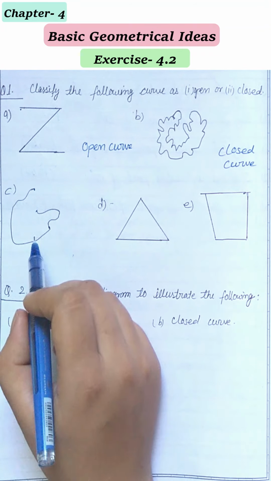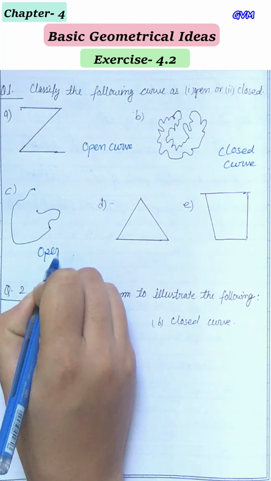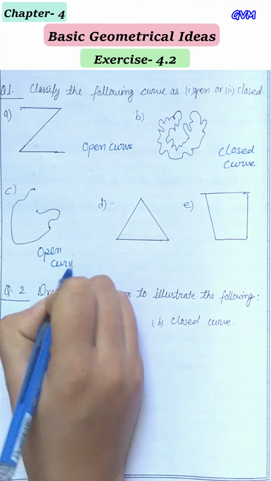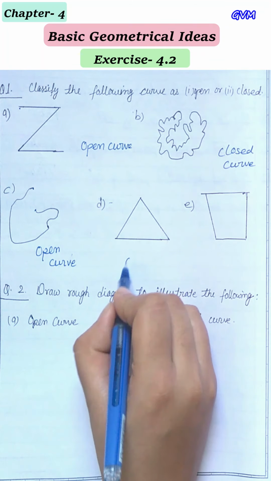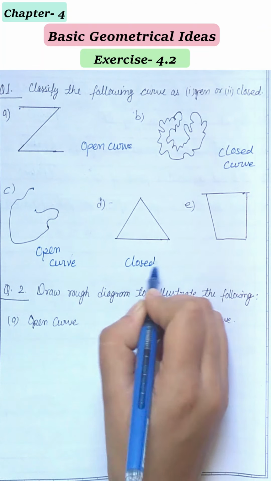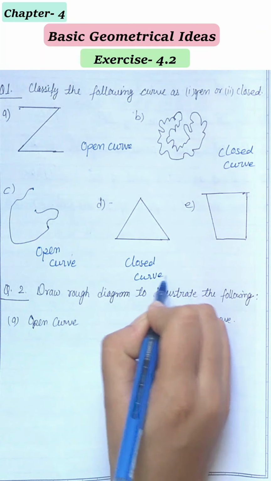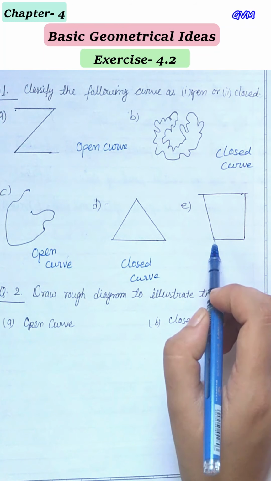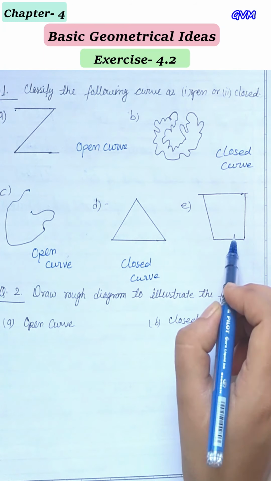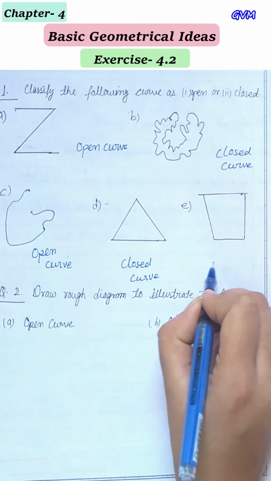That means this is open curve. D part we can see that this is a closed curve. And last E part we have, this is also a closed curve because we cannot determine any endpoint and starting point. So this is closed curve.